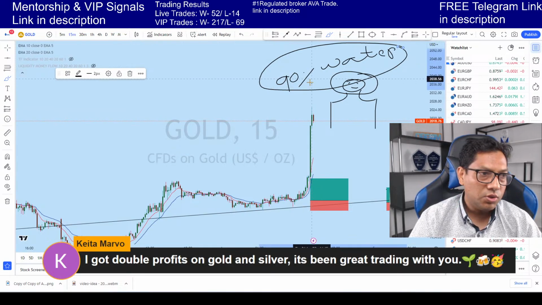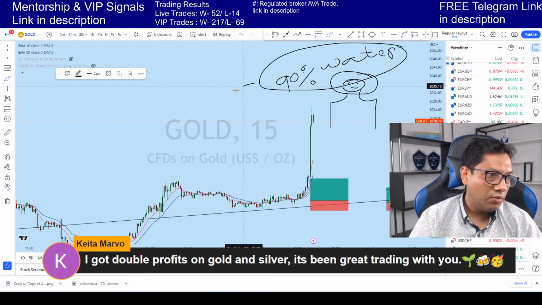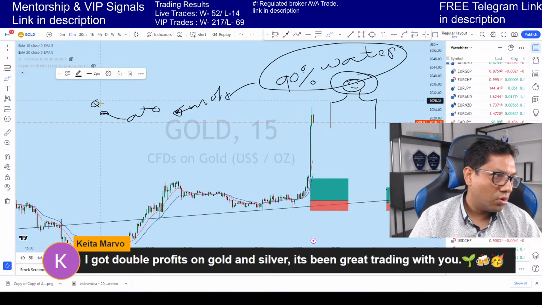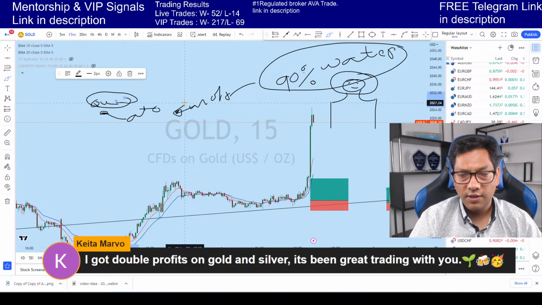Now this water is made up of molecules. If you break down the molecule, it comes to atoms, right? And if you break down the atom, it comes to quarks, okay? And quarks are fluid, it's the energy.